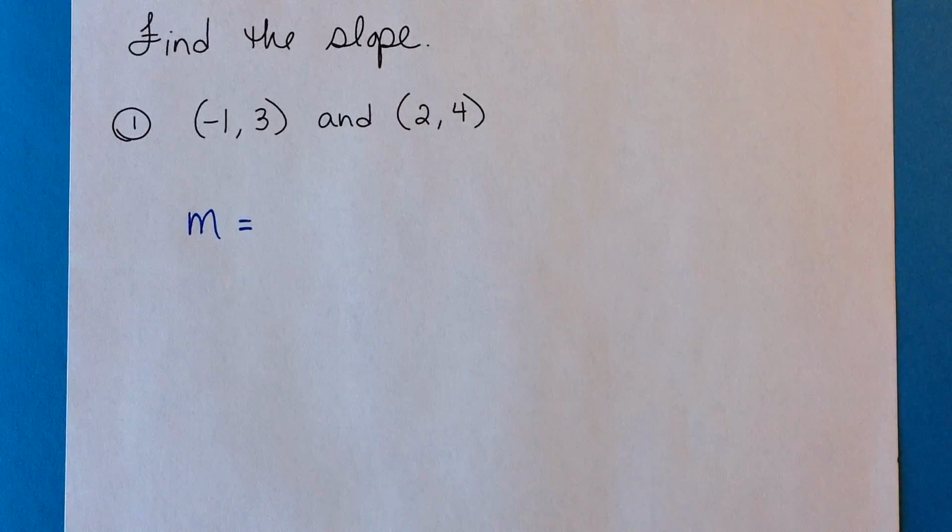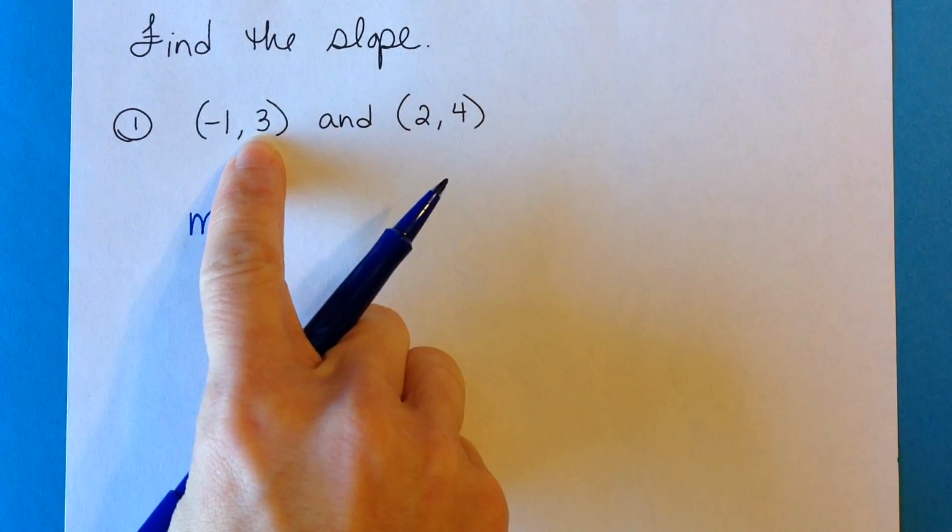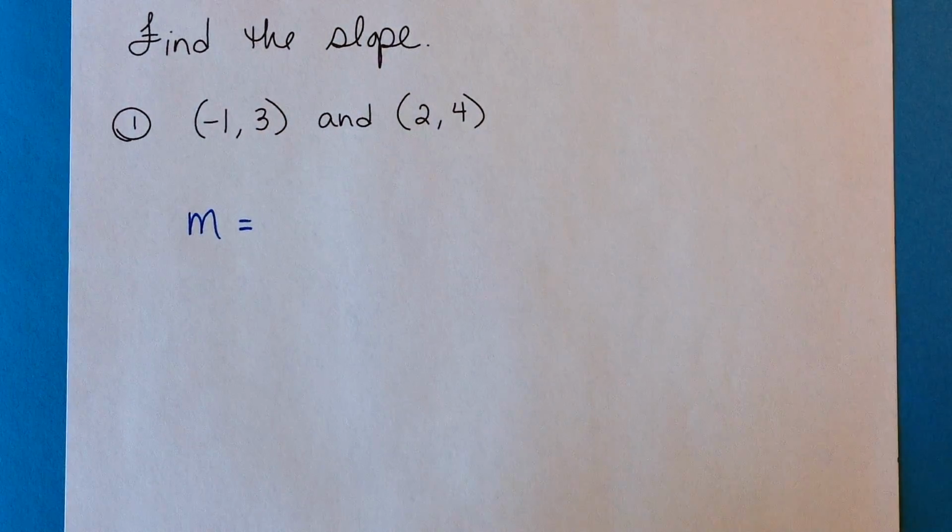It really doesn't matter what order you subtract in, as long as you subtract your x's and your y's in exactly the same order. Just from having been taught this in the past, you're probably more accustomed to always doing this one minus this one, which is fine. That's what I'll do. But you can do this one minus this one just as long as it's consistent.